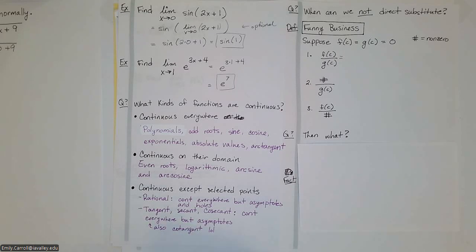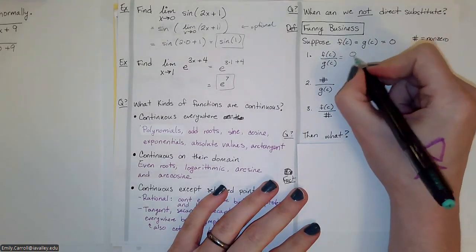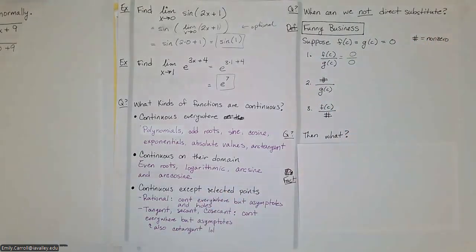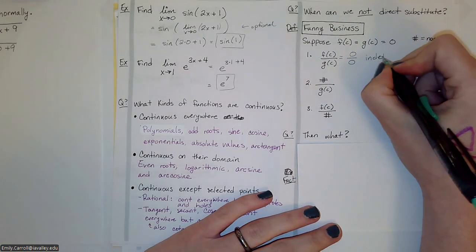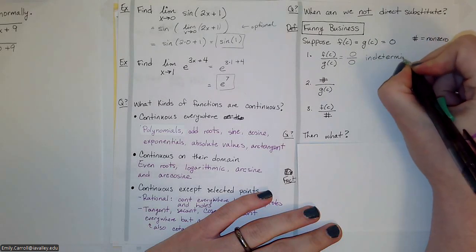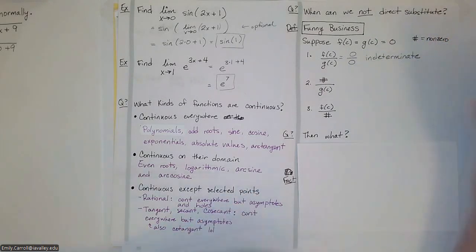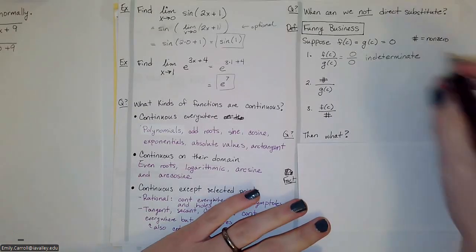If a limit would make me try to divide f by g, that would be asking me to do 0 divided by 0. This is called indeterminate. And when this happens, the limit could be anything.